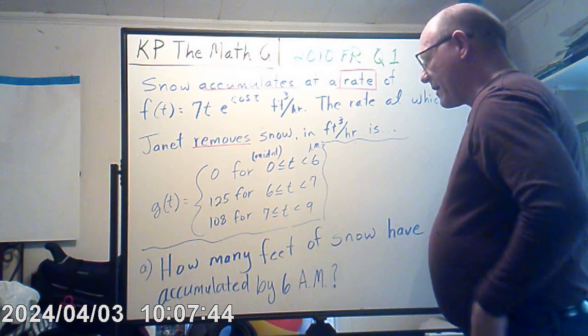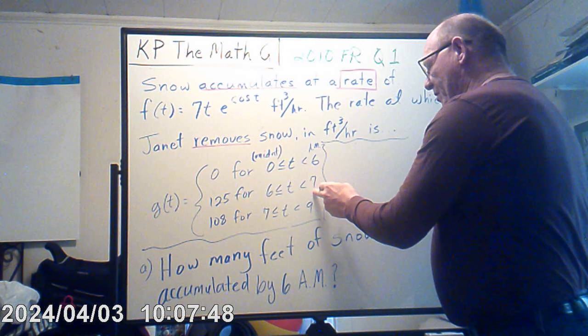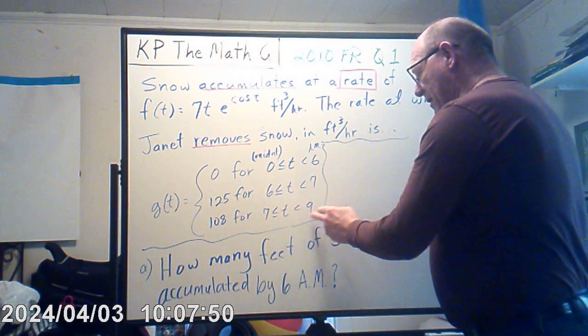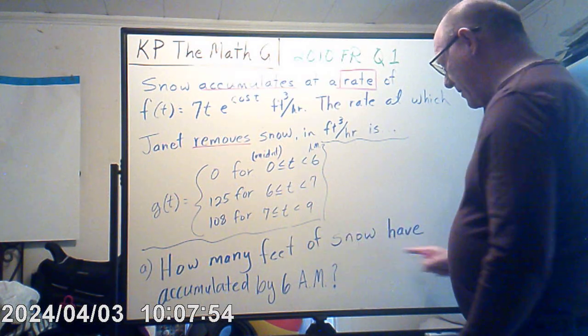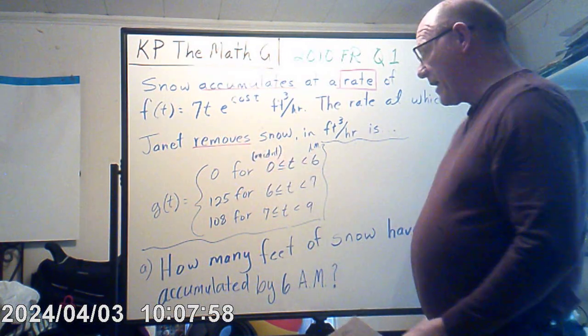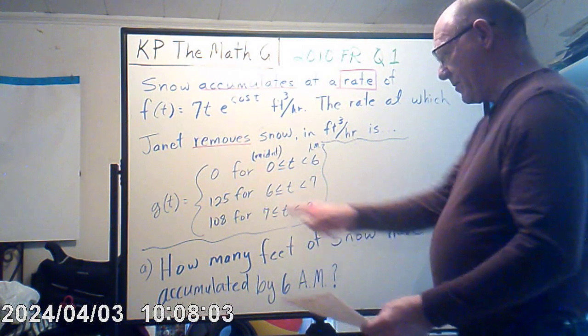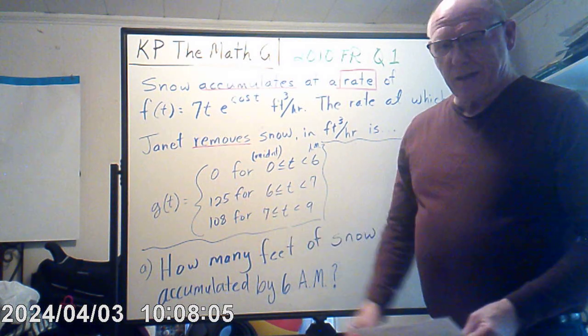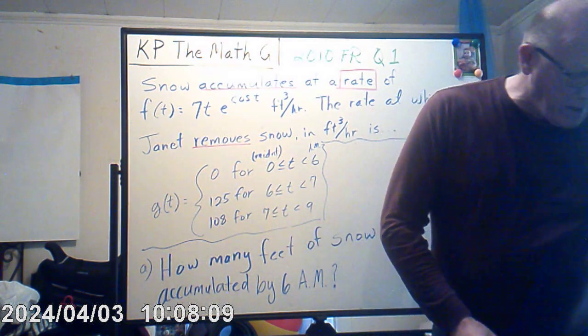So we're looking at from midnight to 6 a.m., 6 a.m. to 7 a.m., 7 a.m. to 9 a.m. So now we want to see how many feet of snow have accumulated by 6 a.m. Obviously, she hasn't started removing snow until 6 a.m. See, she removed, there's a rate of 0 cubic feet per hour.